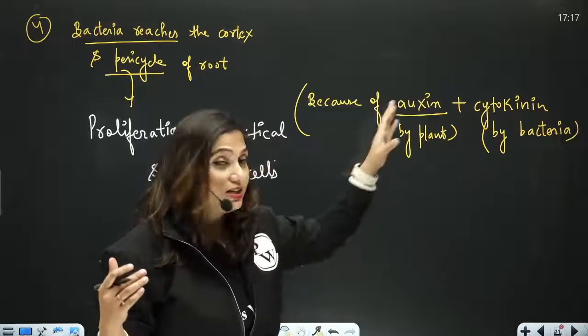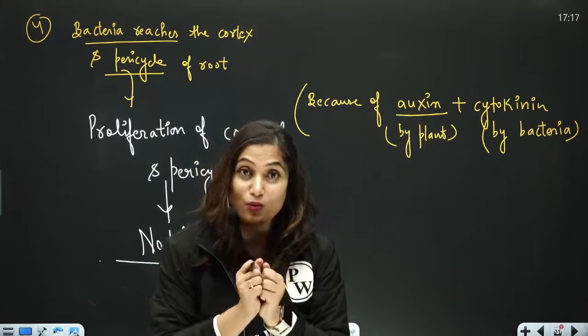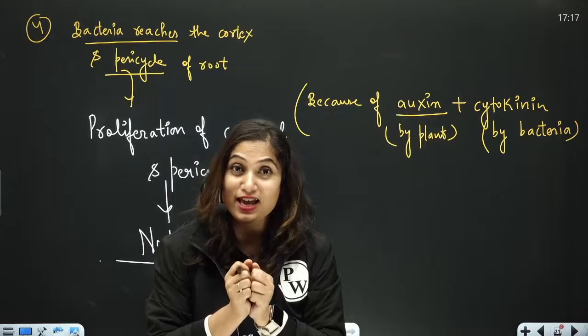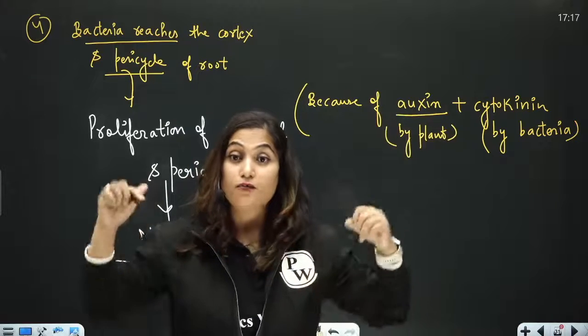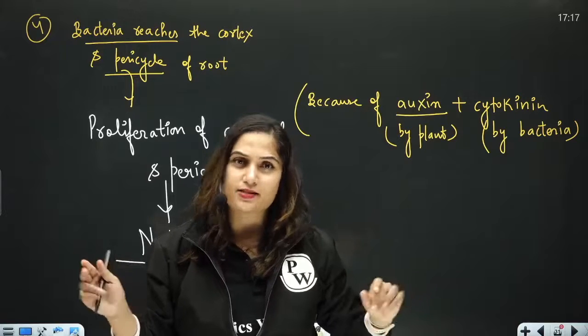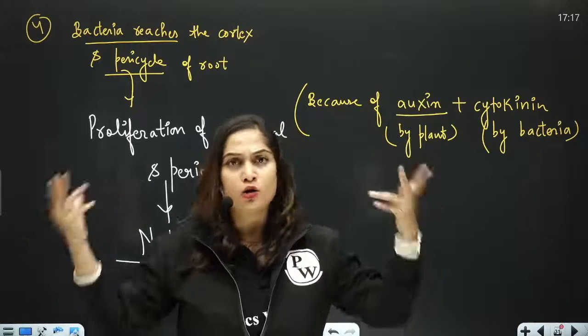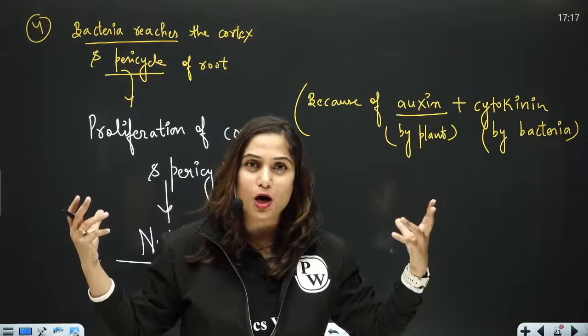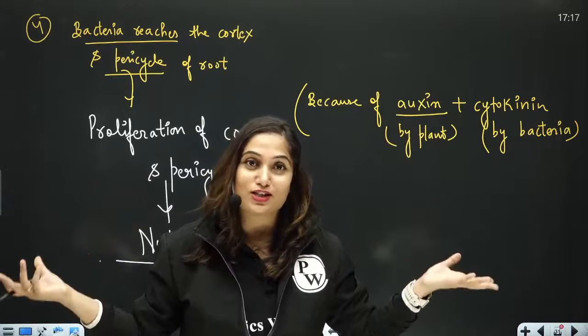And auxin and cytokinin together give a command to the cortical cells and the pericycle cells: divide uncontrollably and form a tumor-like structure called a nodule.